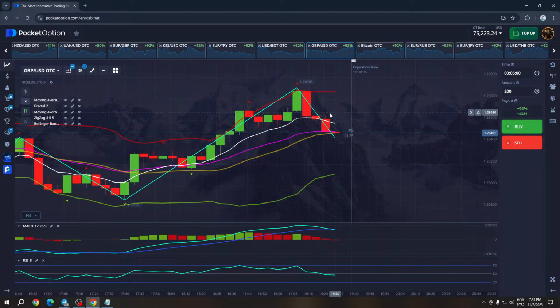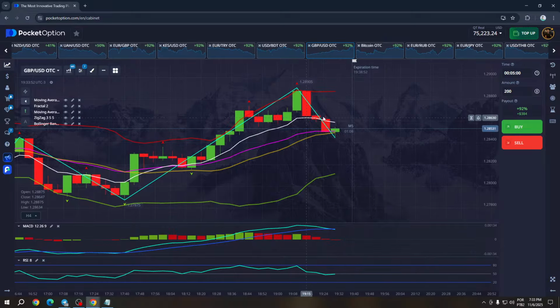Get the buy button, because it's for sure going to create a red-green candle, and then if the candle has enough strength to pass through this line, we'll start to go down again and pass this. So let's try this one. GBP USD OTC.